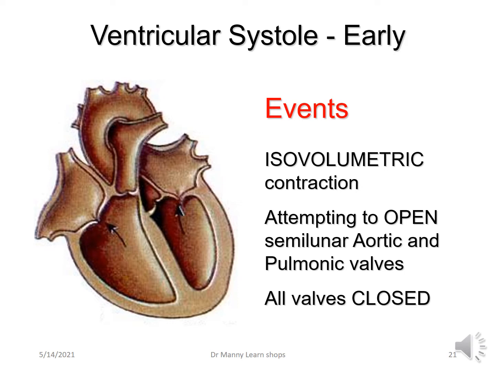It's attempting to open the semilunar aortic and pulmonic valves, which requires a lot of effort. All the heart valves are still closed. The heart is trying to create isovolumetric pressure to try and open these valves. And this is the hardest phase for the heart to perform. It's a lot of work.